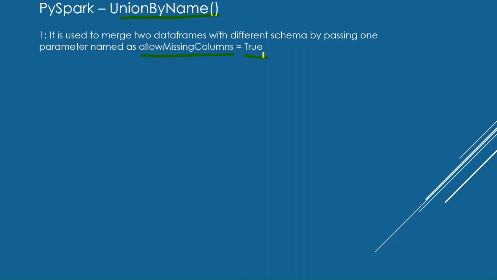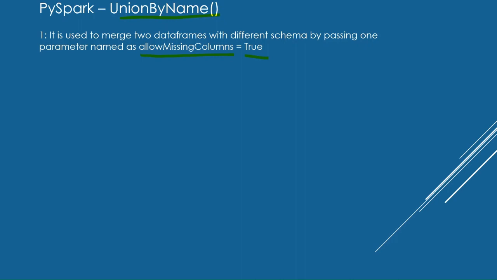Earlier we have seen two union functions, one is union and one is unionAll. Both merge two data frames if their schemas are the same. If we use union or unionAll to merge two data frames into one and their schemas are different, then Spark will give an error.